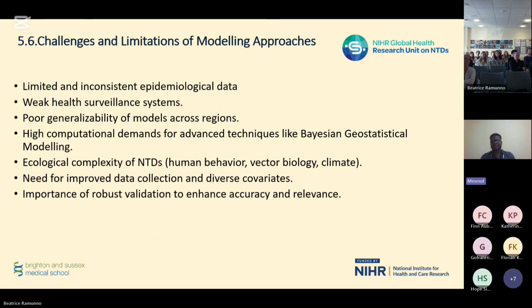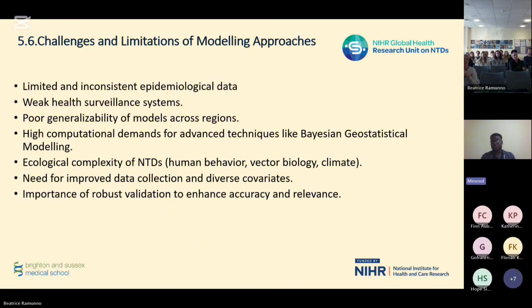What are the challenges and limitations of the model approach? One challenge we found from our extracted studies is the limitation and inconsistency in the epidemiological data.